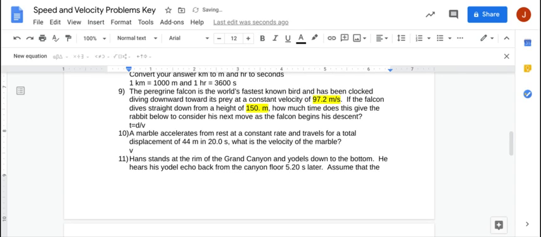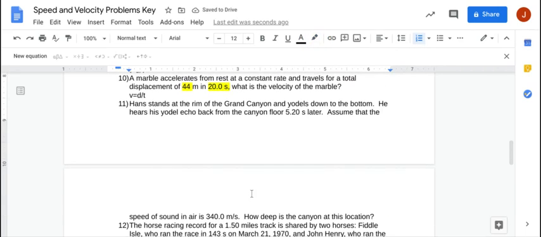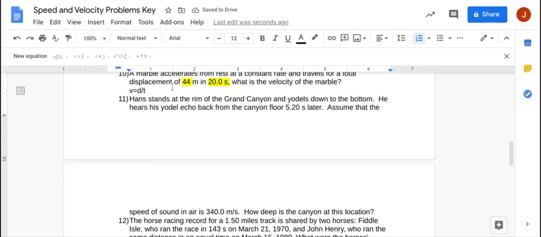So velocity is what we're looking for. Velocity equals D over T, which we have that. We have 44 meters over 20.0 seconds. And that's number 10. Number 11.